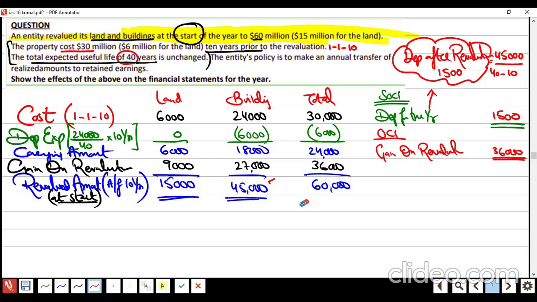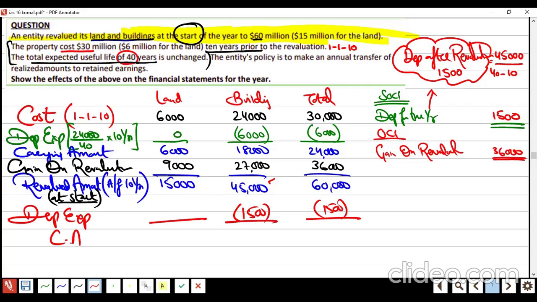This is at start, so you will deduct the depreciation expense for the year, 1,500, and you will have the carrying amount. And on 31st of December, land will remain the same. Building is going to be 43,500, and this one is 58,500. Am I right?